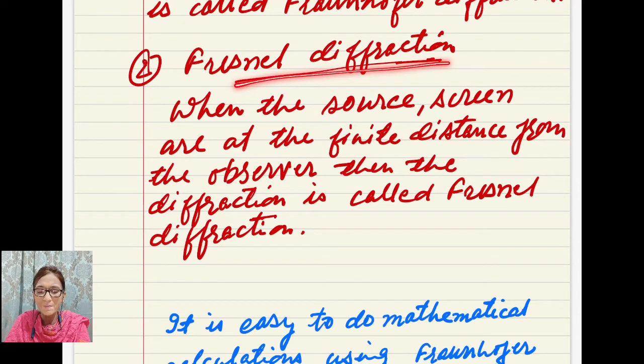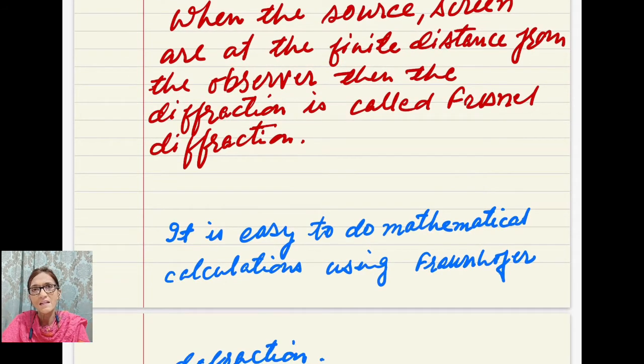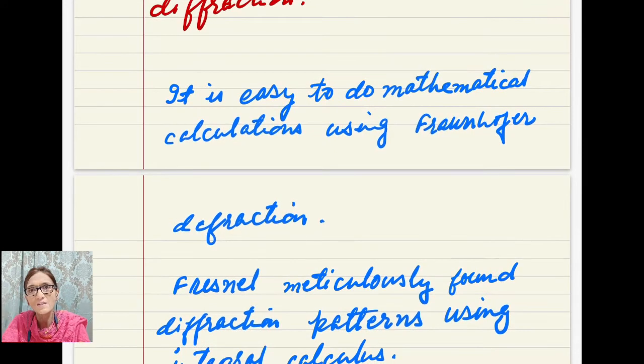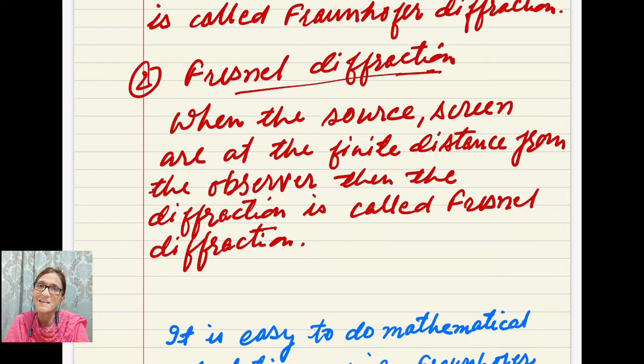But here we will do it with an easy process, using just logical consistency and using Huygens principle, interference, all these things. We will be finding the intensity of light without going through those long integral calculus of Fresnel. We will do it with a very simple process.